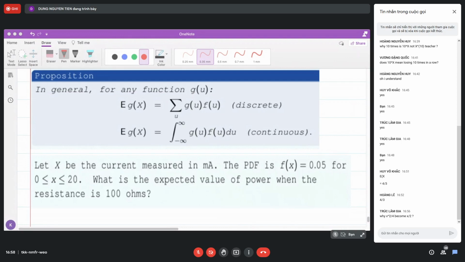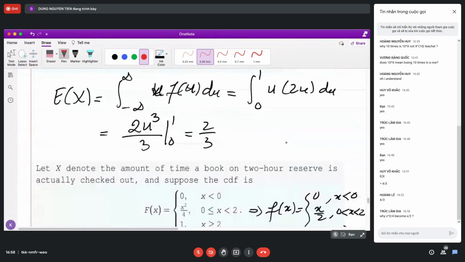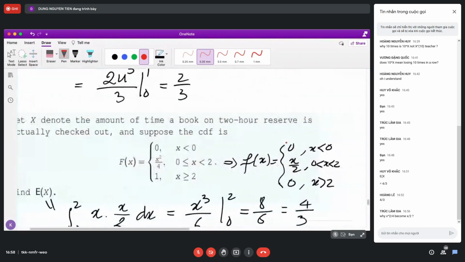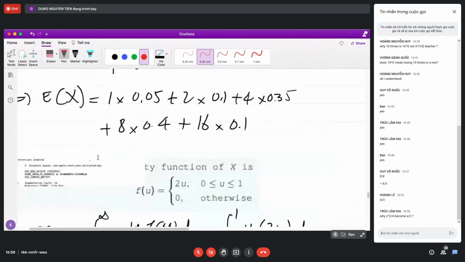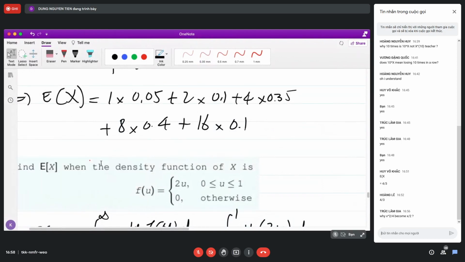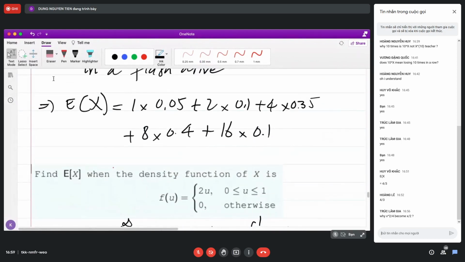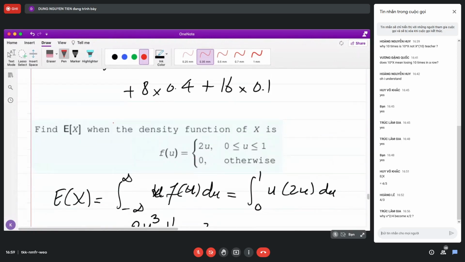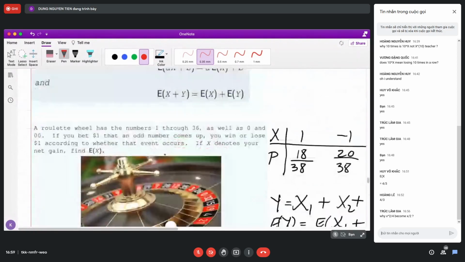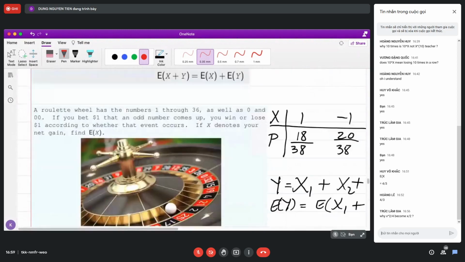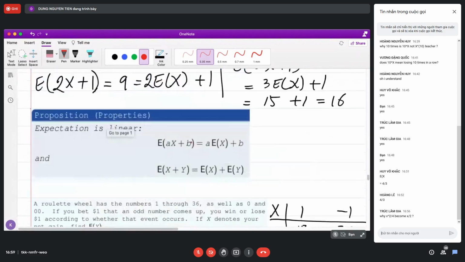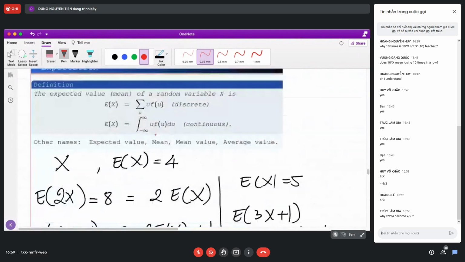Why does x squared over 4 become x over 2? Well, you need to find the capital F. This is the cumulative distribution function, okay? And in order to find the mean value, you need to use the density function.